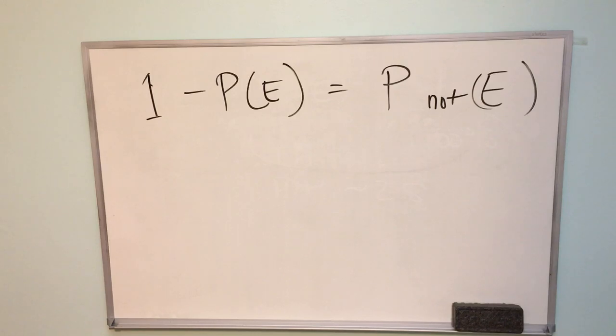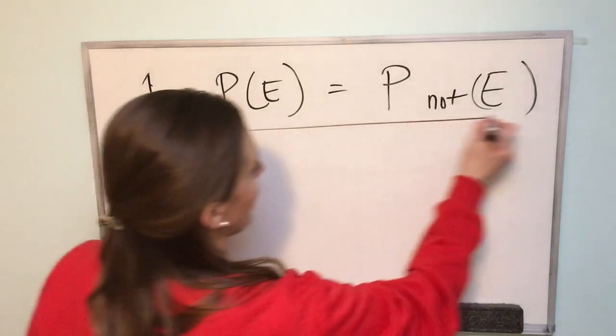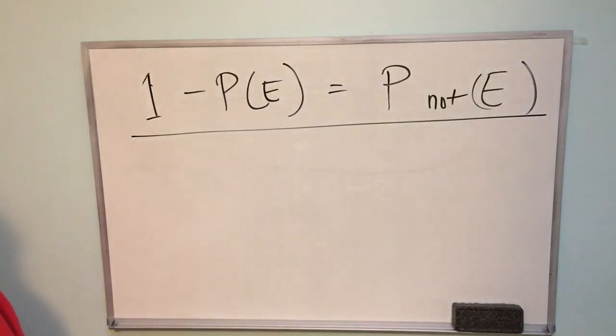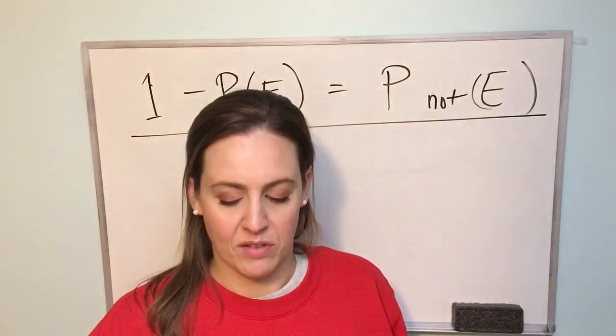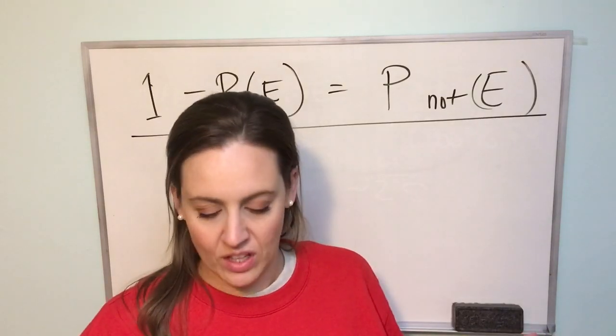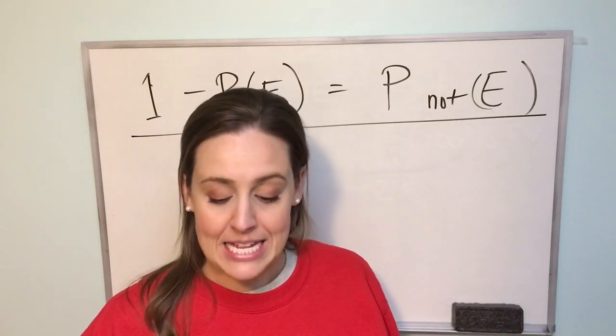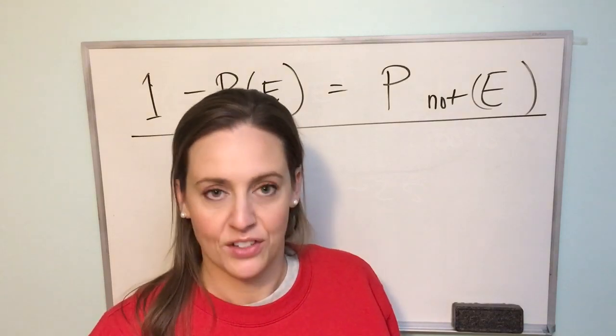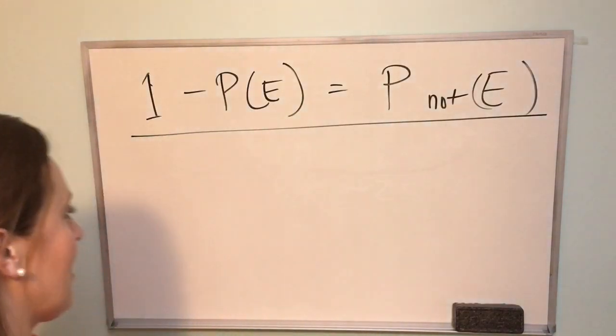So let's look at number 7 again. What is the probability of not having a result of 3 tails when flipping 3 coins? I don't know. So let's think about what the probability is of having a result of 3 tails when flipping 3 coins.